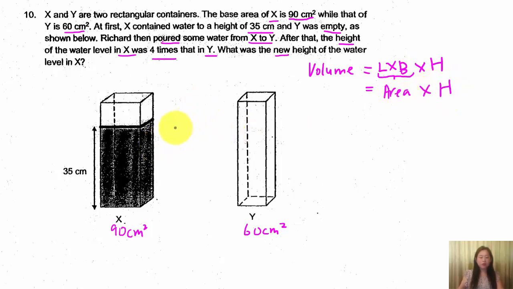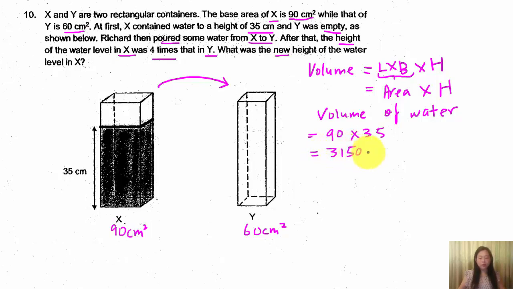In order to find out the water transfer later, we first need to find out the volume of water here. So volume of water is equal to 90 times 35, which is equal to 3,150 cm cubed.